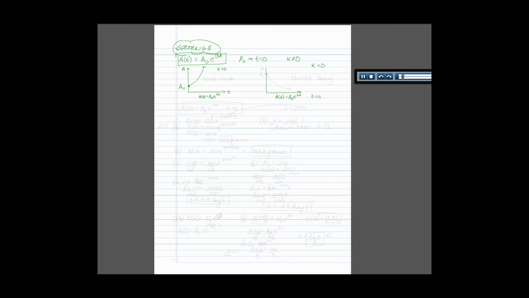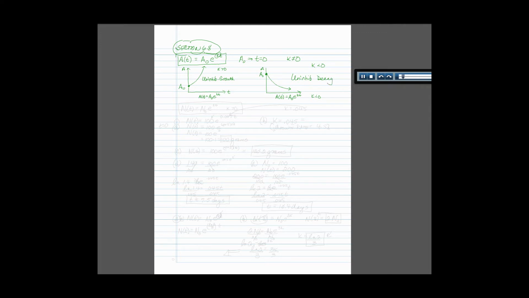Let's say this is our initial population, A sub naught. What this says is that it continues to decline forever, or decay. And that's uninhibited decay. So this is uninhibited growth, and this is uninhibited decay.